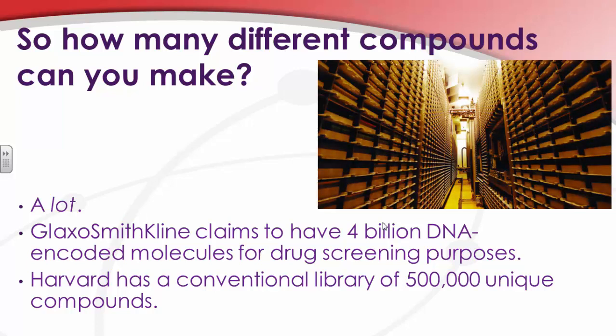So there are various places throughout the world where they have these things they call libraries, and you can see why when you see this picture. Their molecule libraries are massive, all in pursuit, of course, of the next big drug discovery.